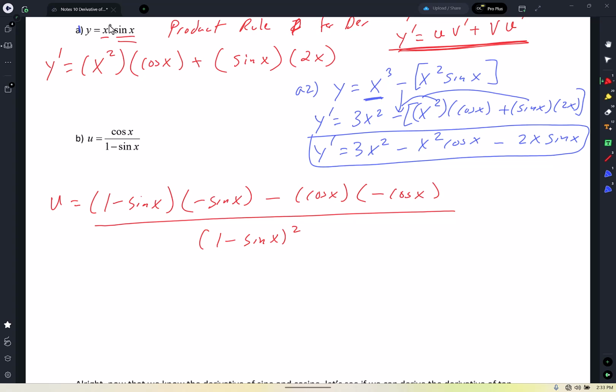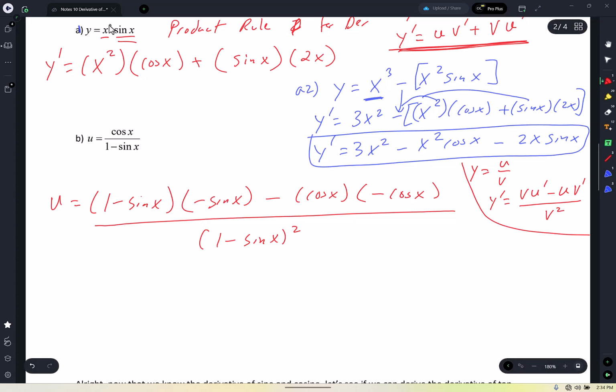Okay, here's the quotient rule. I'm going to put it here on the side. Y equals u over v. So y prime equals bottom, v, times derivative of the top, u prime, minus top, u, times derivative of the bottom, v prime, all over bottom squared. Does that help, like referencing? Okay, there's the quotient rule.